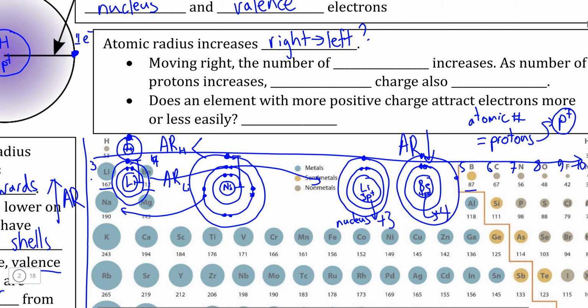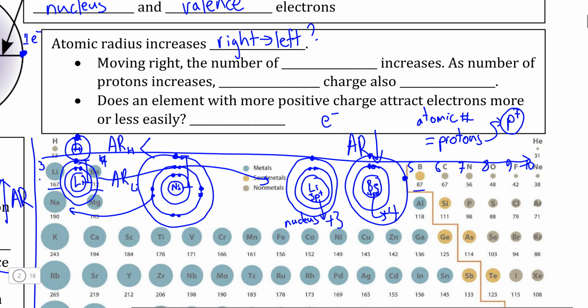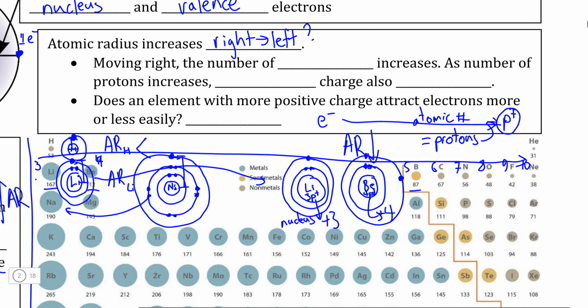Now, even though beryllium has 2 more electrons, remember that opposites attract, meaning that electrons that are negatively charged will naturally attract to the protons within the element's nucleus, and therefore, if beryllium has a charge of positive 4, this nucleus has a greater ability to attract electrons than a nucleus with a charge of positive 3.